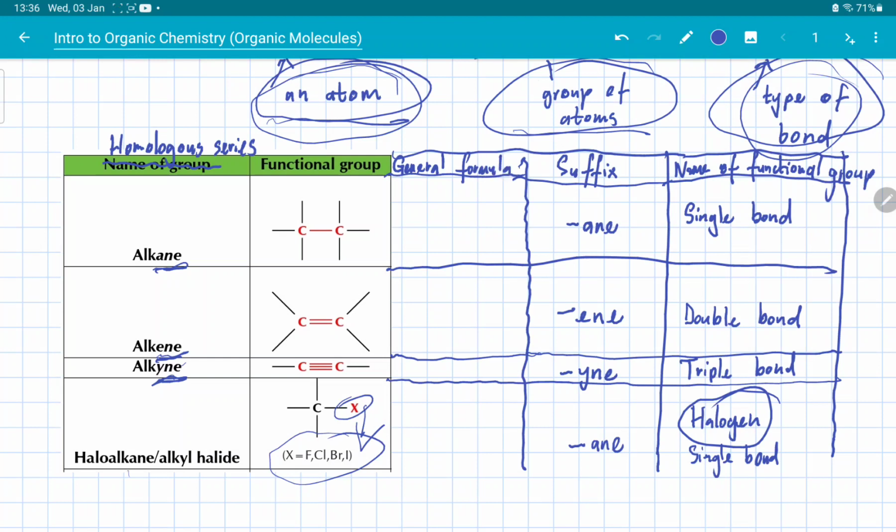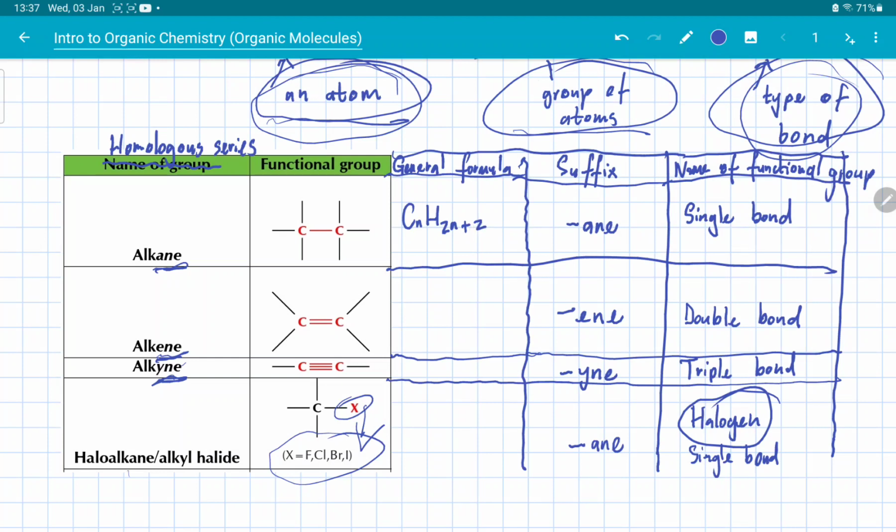Basically, the general formula is for writing the molecular formula, people. The general formula of alkanes is CnH2n plus 2.